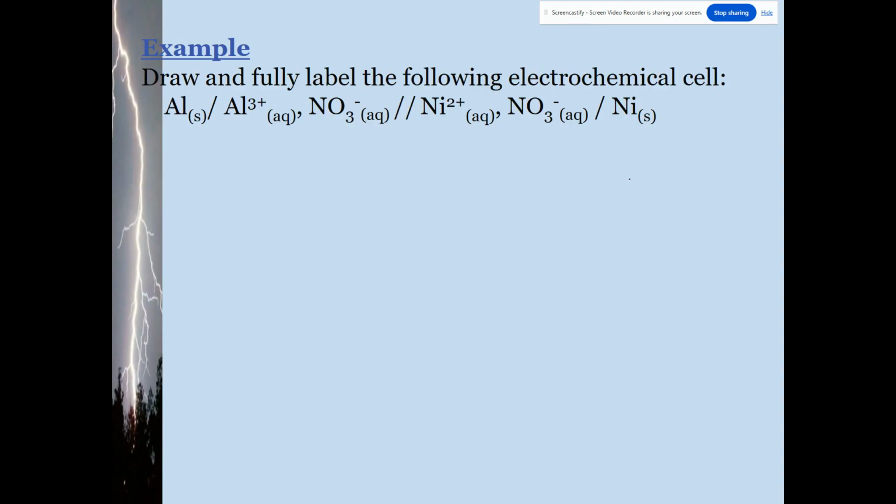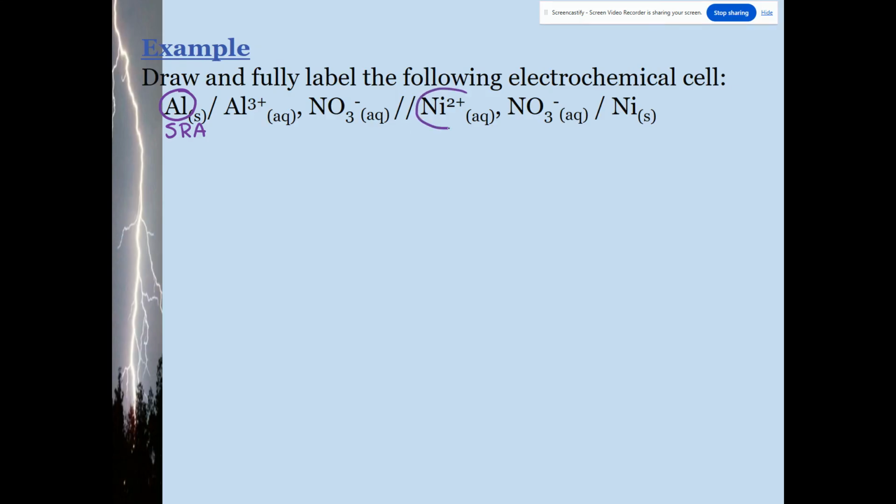Now, like I said, this is my anode, but you could, again, go through and list everything that you have present, and you would find your aluminum solid is the strongest reducing agent. But your strongest reducing agent is always going to be on the left, the anode of shorthand notation.